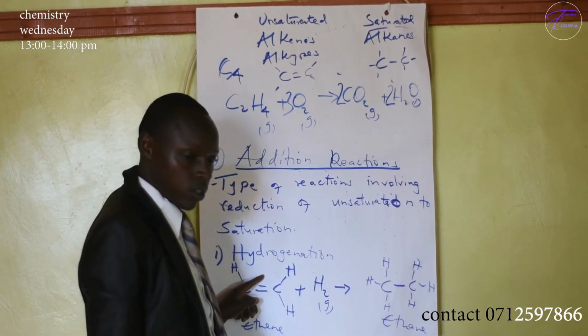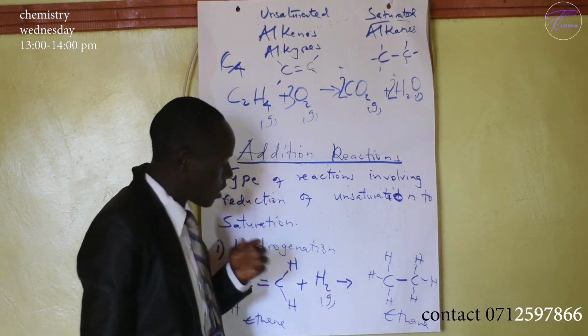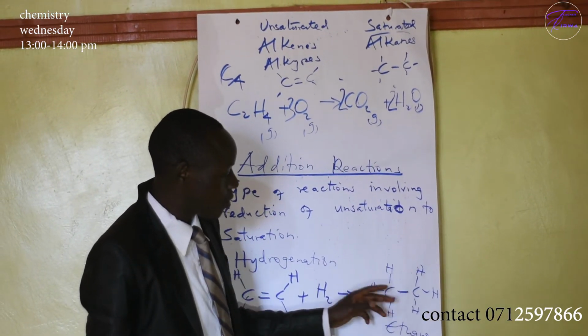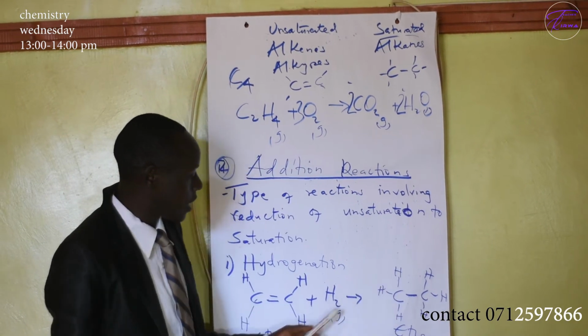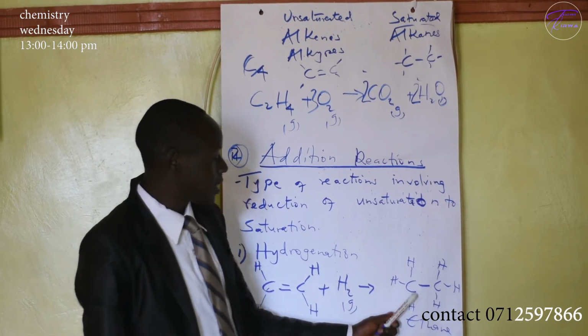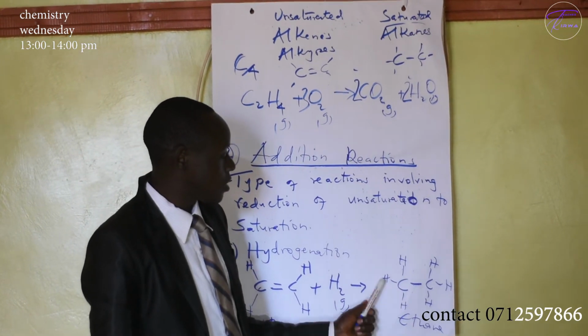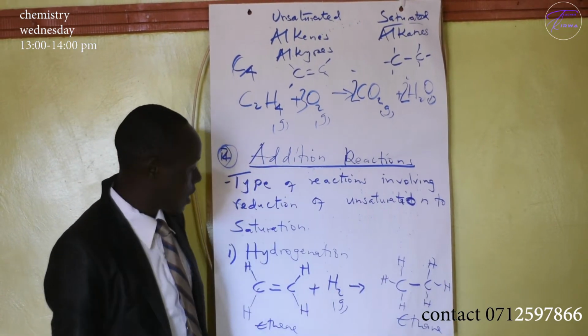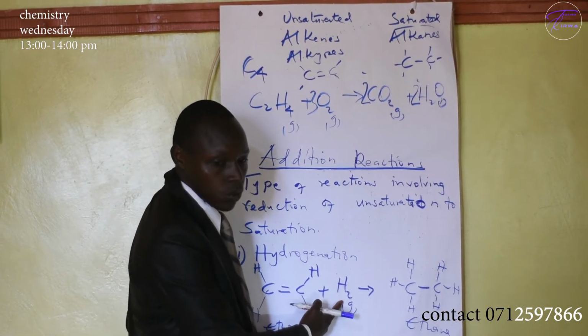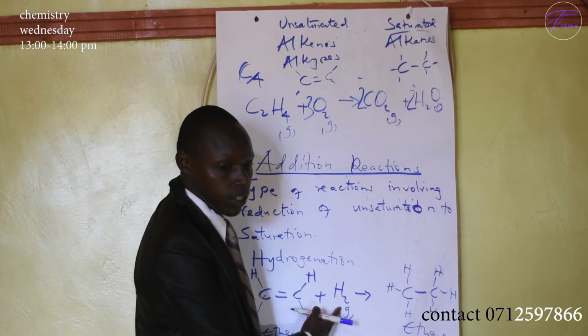Here we have a double bond. On the other side, the double bond breaks so that you have single bond and hydrogen is added. So initially we had 1, 2, 3, 4 hydrogens, but here we have 6. As we said when we were doing covalent bonding, when you write H2, this is a molecule containing 2 hydrogen atoms.